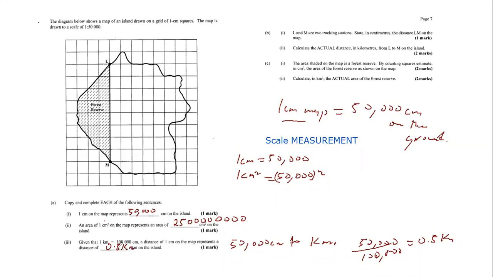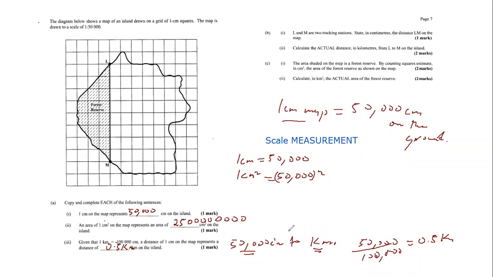Okay, look at what they say now. 1 kilometer is equal to 100,000 centimeters. A distance of 1 centimeter on the map represents 50,000 centimeters. They want the distance on the island in kilometers, so we don't want the answer in centimeters.